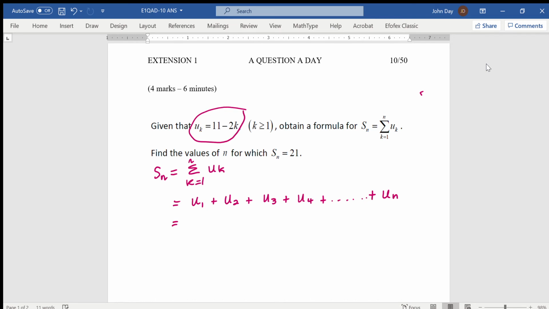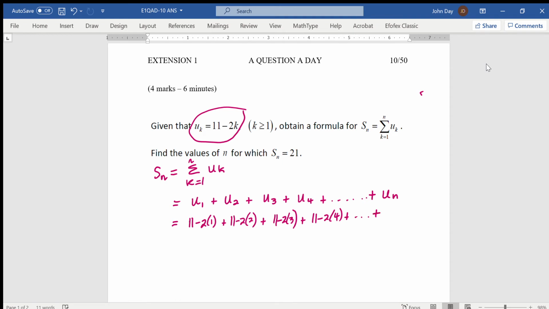So u1 would be 11 minus 2 times 1. Right, that's u1. u2 would be 11 minus 2 times 2. u3 would be 11 minus 2 times 3. u4 would be 11 minus 2 times 4.